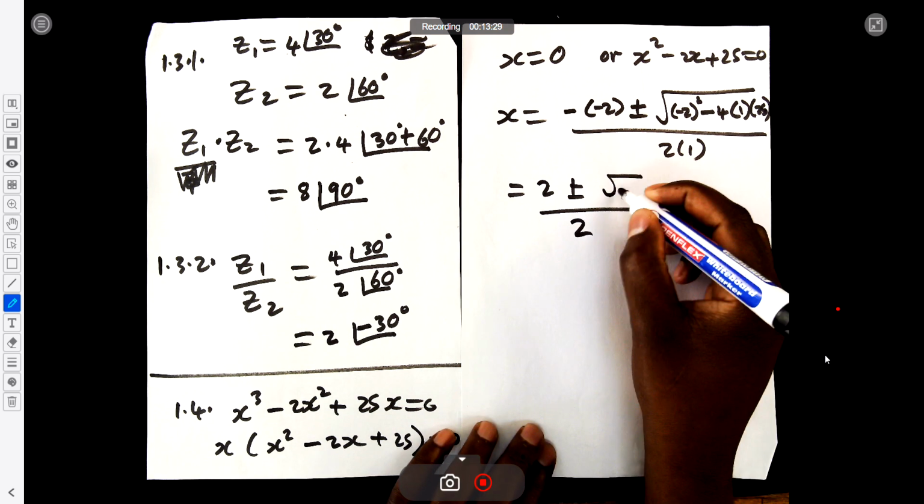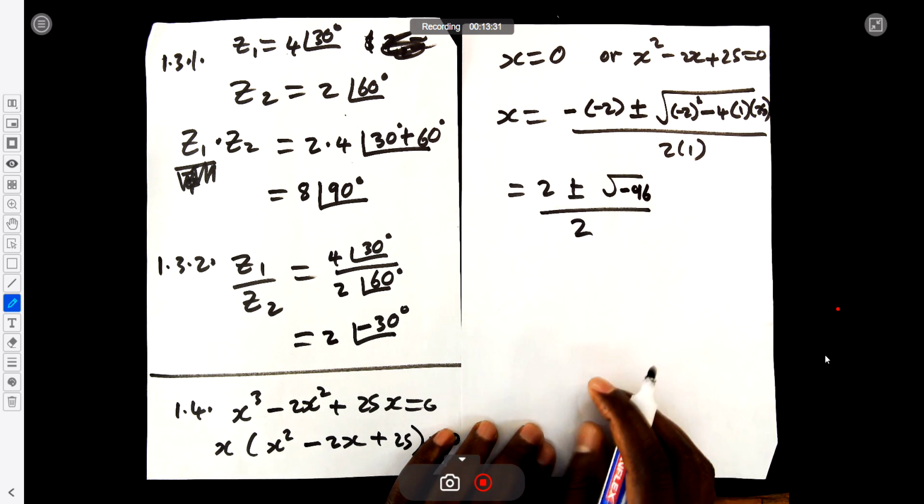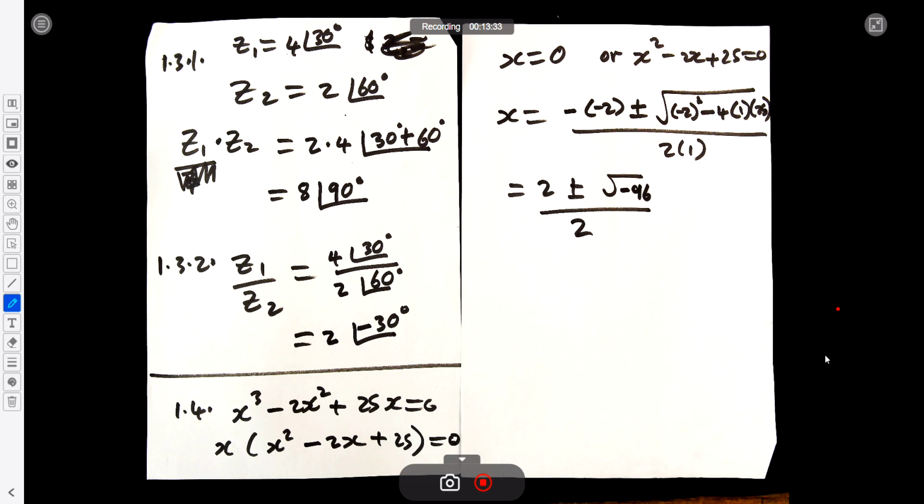It's minus 96 inside the root. So 2 squared is 4, minus 100. Yeah, it's negative 100. Then you subtract from 4, you get negative 96.